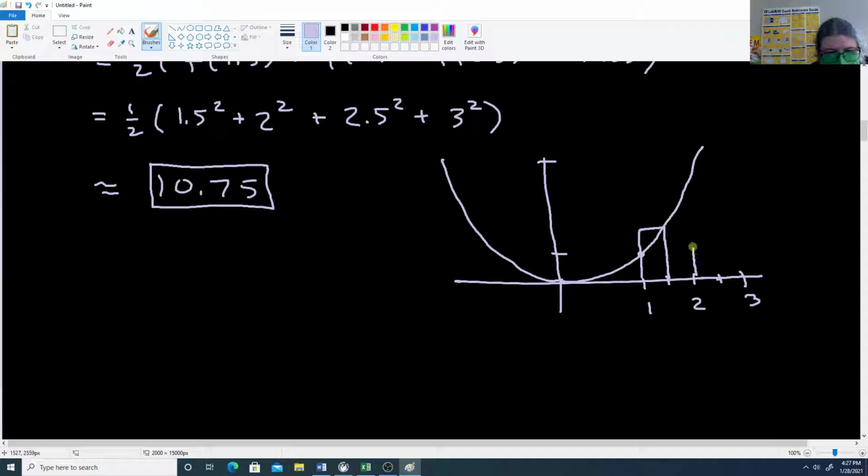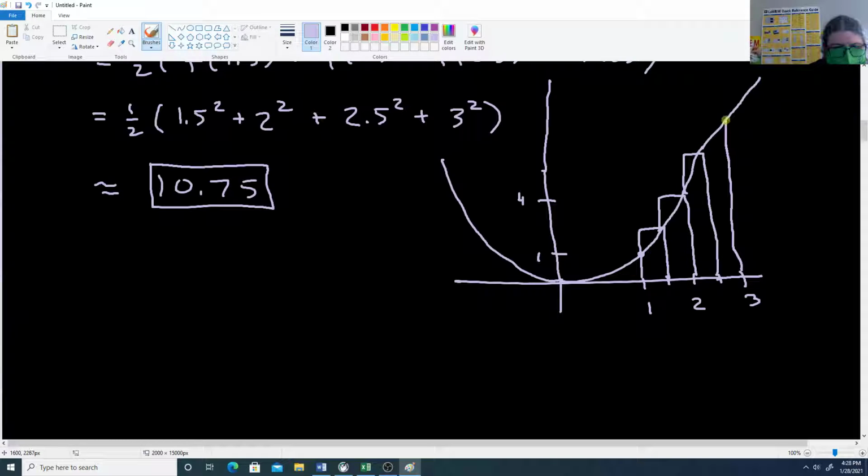We said what's 2 squared, and that would hit here at 4. I know that this isn't to scale. Actually, let's make this look a little better, so it goes up higher, and then we say, all right, what's 3 squared? So 3 will go up, it'll hit the function there.